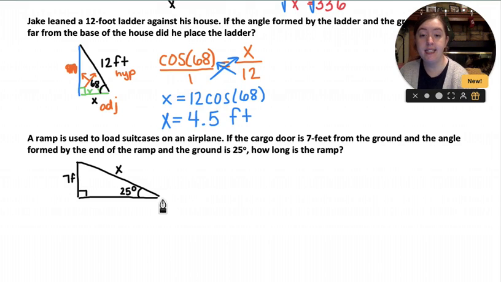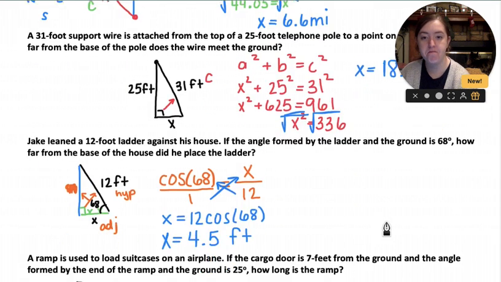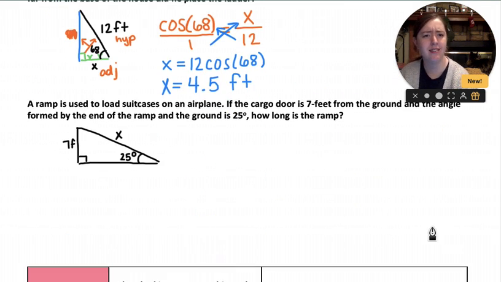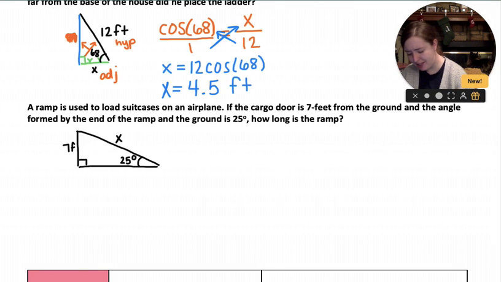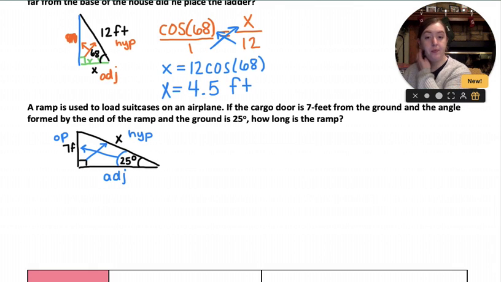So since I have an angle measure, that means I'm going to use sine, cosine, or tangent. All right, so we got this 25 degrees. We're going to use it to help label our sides. Across from it is our opposite side. Across from our right angle is the hypotenuse. And the side that's left over is the adjacent.